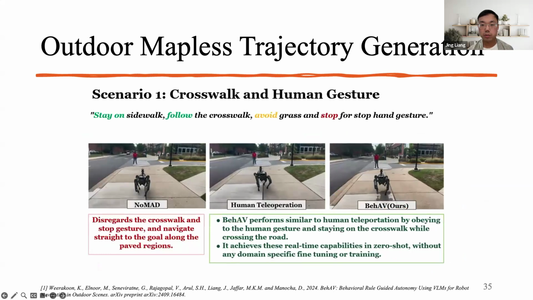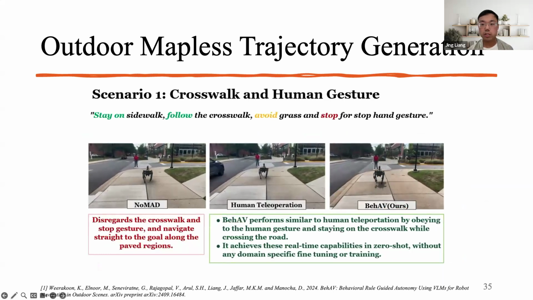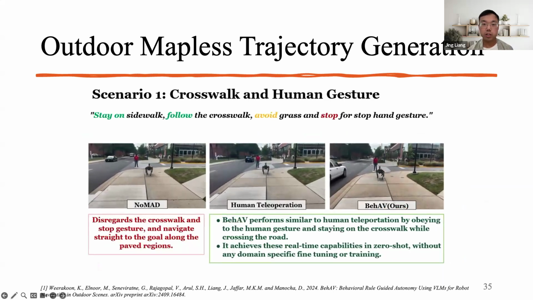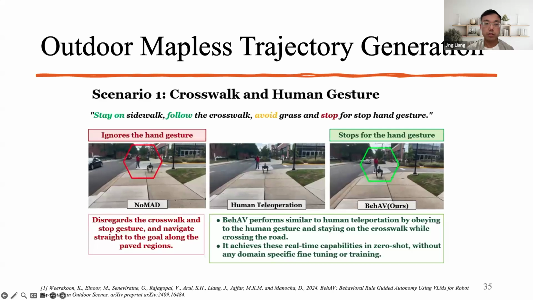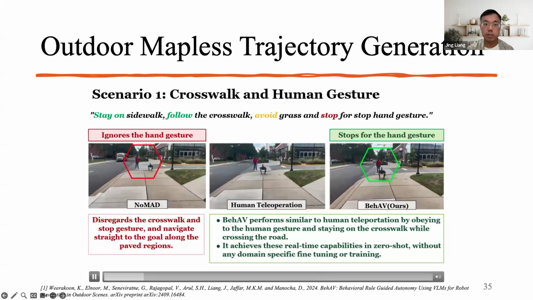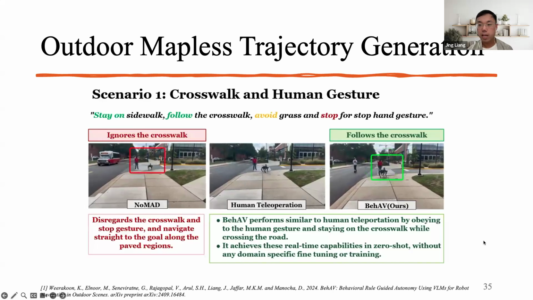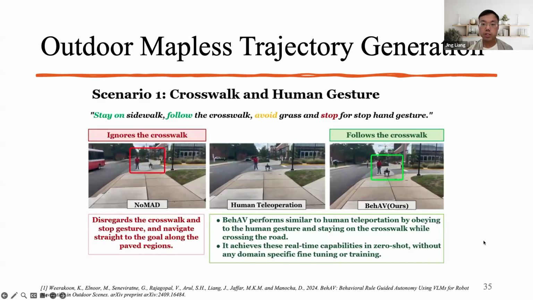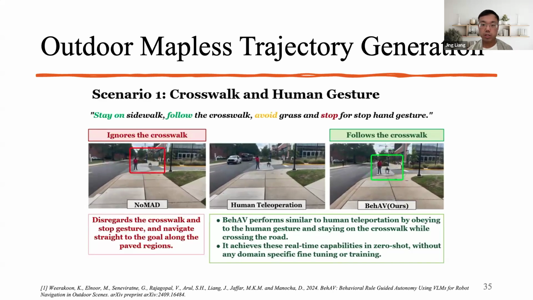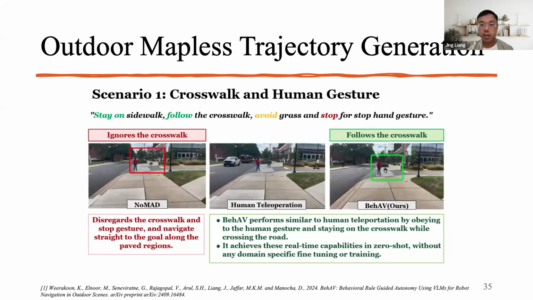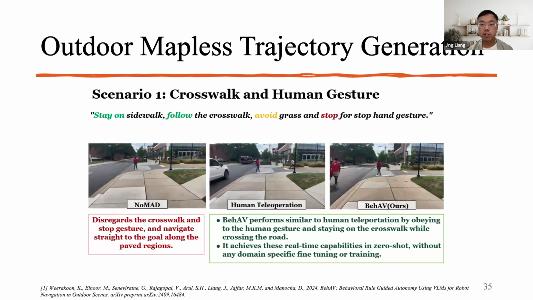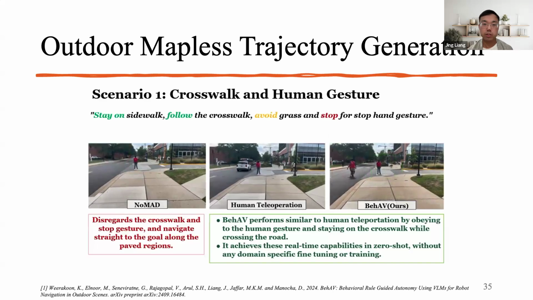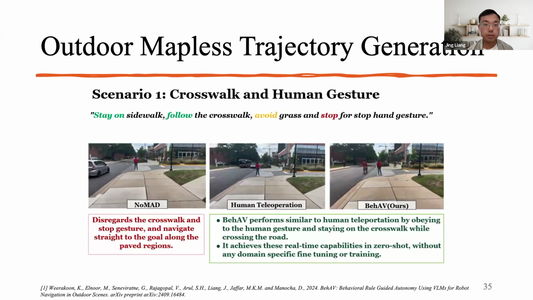For example, we can detect the stop hand gesture and also the stop sign, which is shown in the green circle. And then we correlate the behavior object with the robot stop action. So the robot can stop there. And we can also detect the crosswalk and then correlate the crosswalk with the robot's follow action.